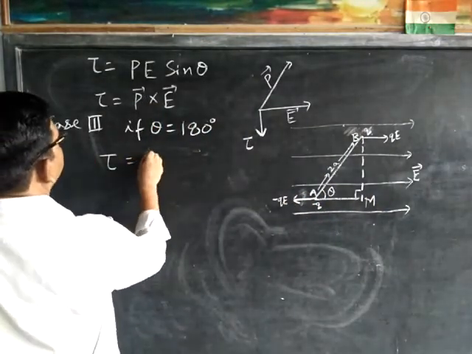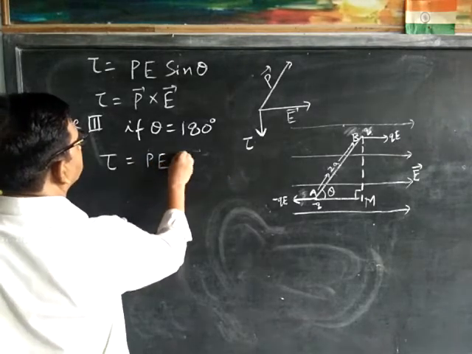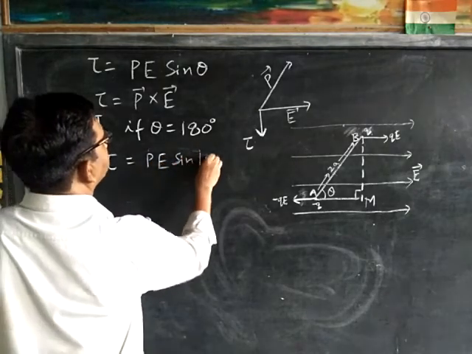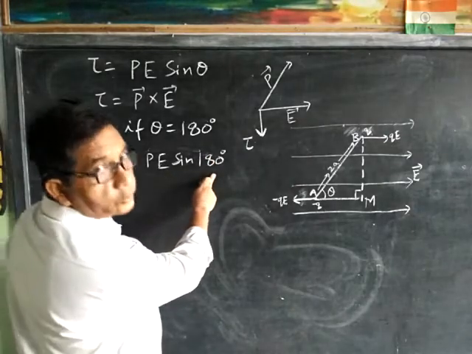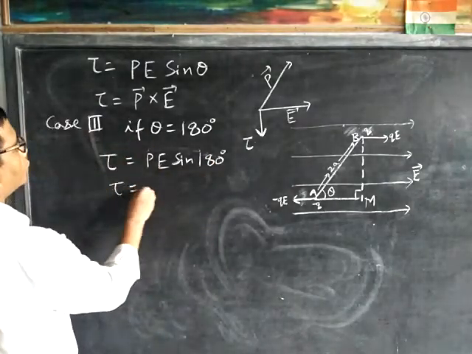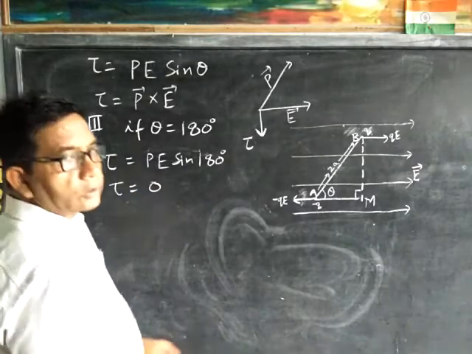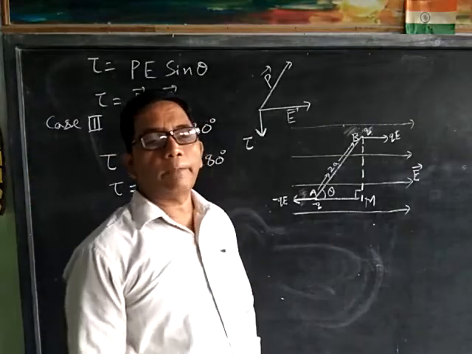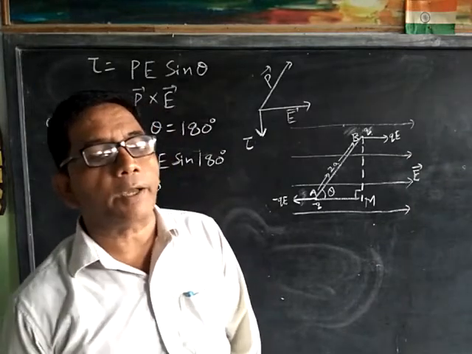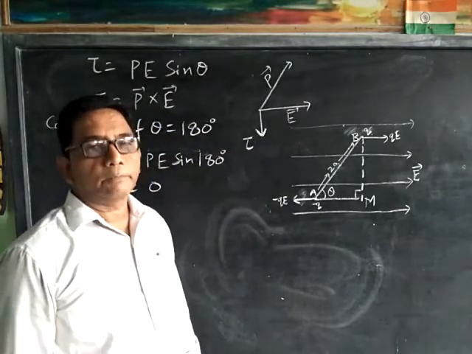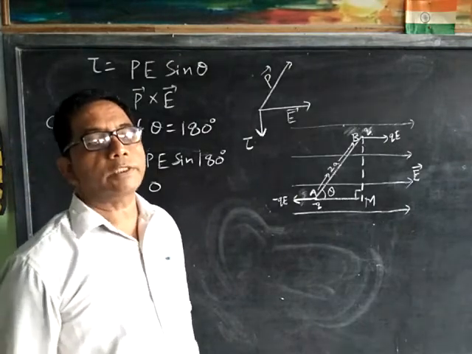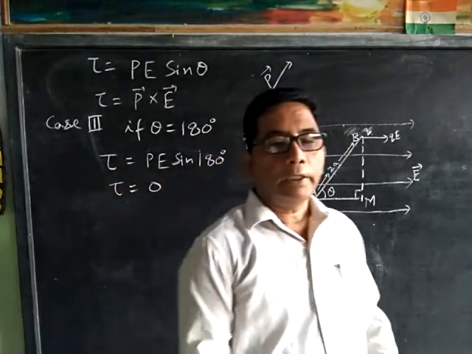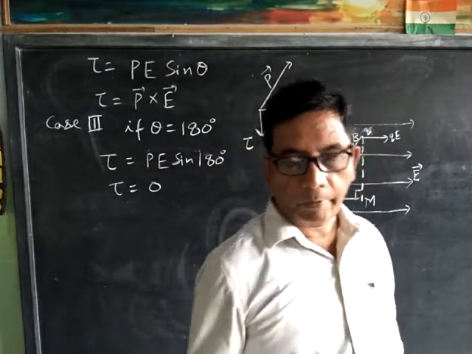Then tau is equal to PE sin 180. Sin 180 is equal to 0, therefore tau is equal to 0. Thus we can see when dipole moment is anti-parallel to the electric field, the dipole is in unstable equilibrium.